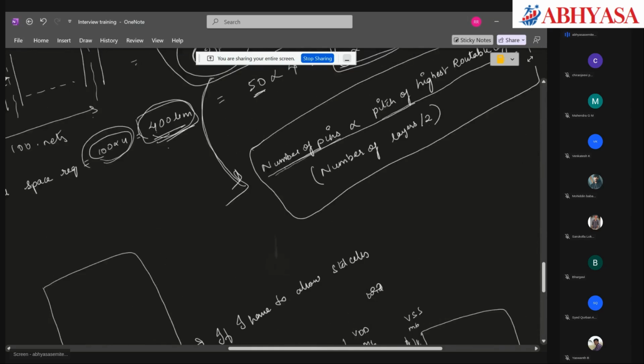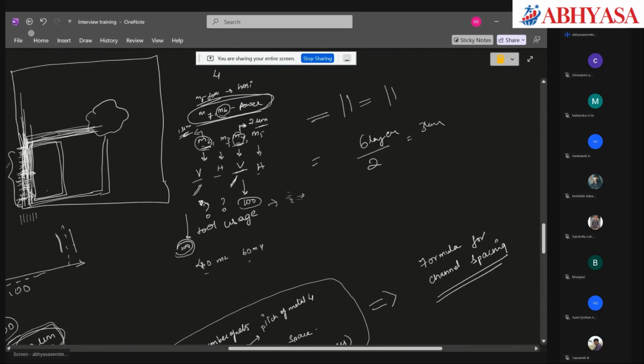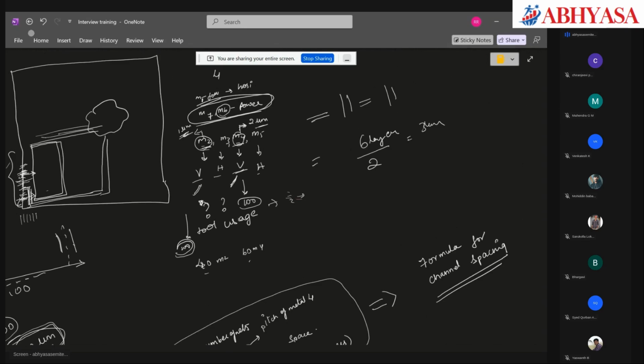Now here I showed you that routes have to go like this, in the gap between the macro and the core. Now if I'm using layers above metal 3, let us say metal 4, I can go over the macro also. Horizontal I used metal 5, vertical I used metal 4.